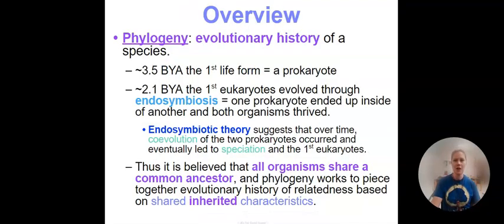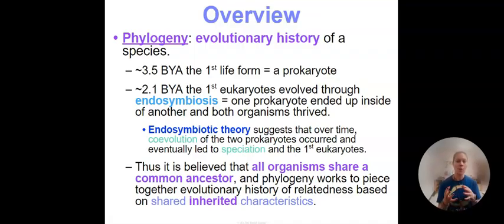Briefly, phylogeny is just the evolutionary history of a species. Going all the way back to the very first life forms, which we know were anaerobic prokaryotes, all the way to your first eukaryotes that we talked about evolved through the process of endosymbiosis. We talked about the endosymbiotic theory.